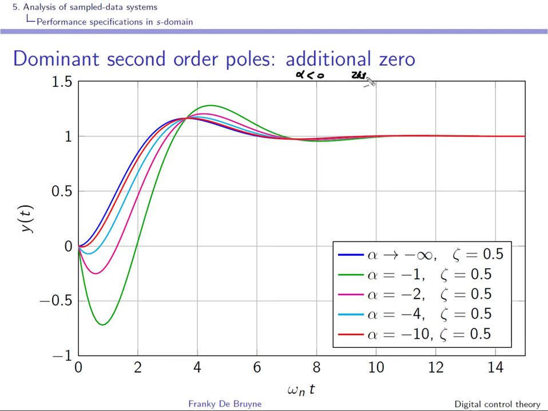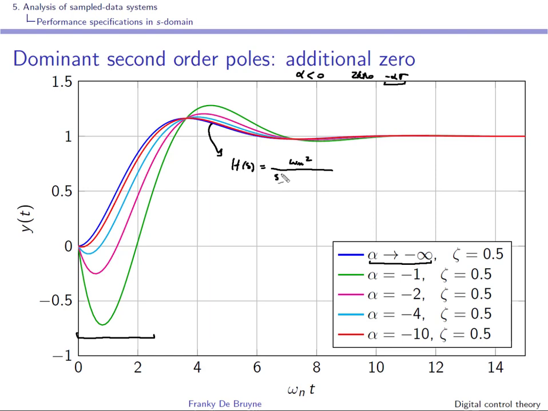The 0 is in minus alpha sigma. So this means that this 0 is to the right of the imaginary axis, and this explains why we see these inverse step responses. Again, when alpha in modulus is large, the presence of the 0 is hardly felt, and when alpha is tending to minus infinity, you have the step response of the original transfer function without the 0.